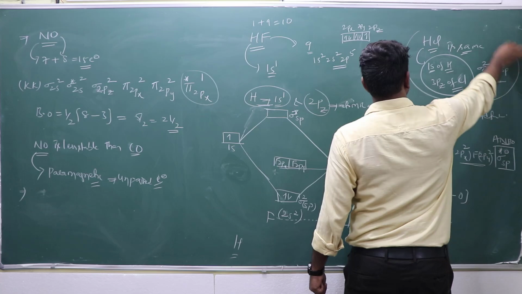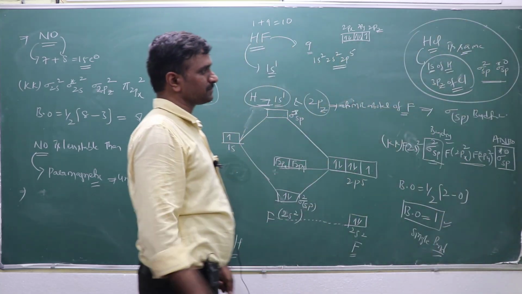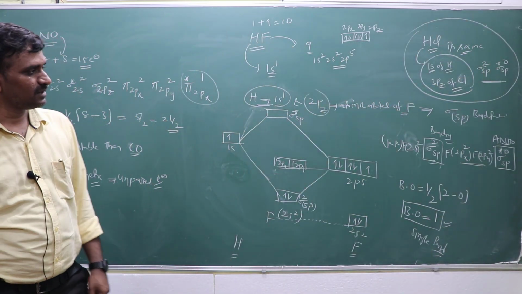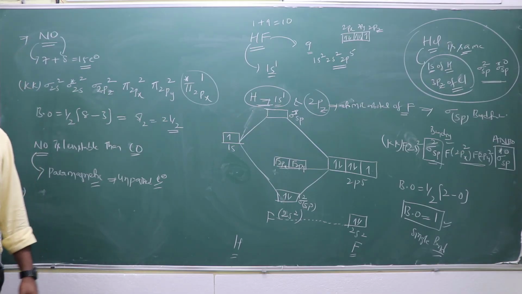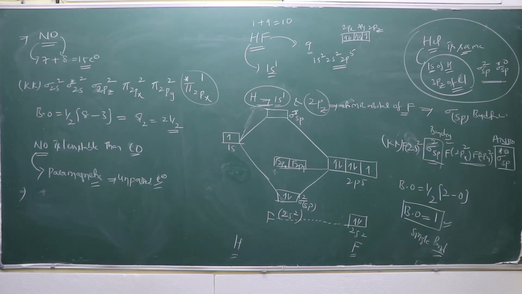In the case of HCl, the same bond order is 1. Remaining ones are non-bonding, not participated in the bonding. So this is for the HF molecule, this type of diagram is given for HF, heteronuclear diatomic molecules. Based on that, I will give one conclusion also.